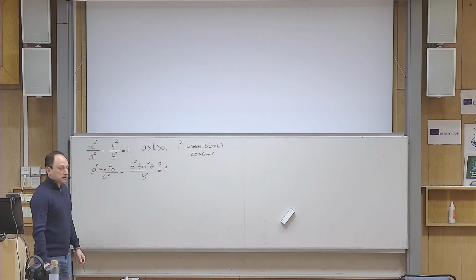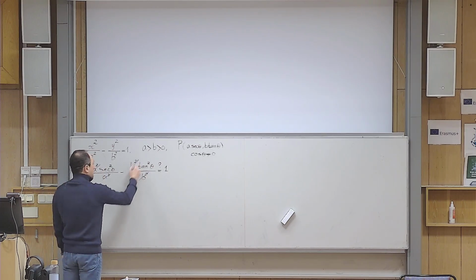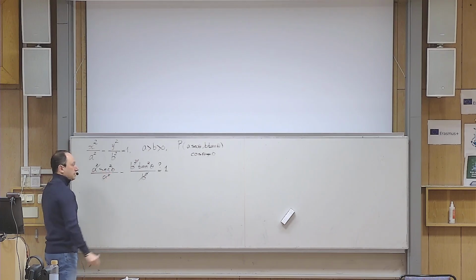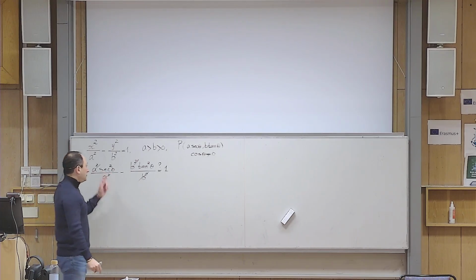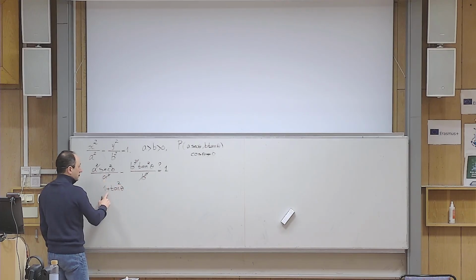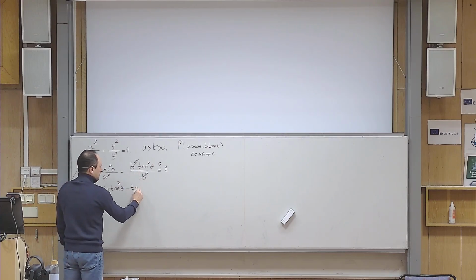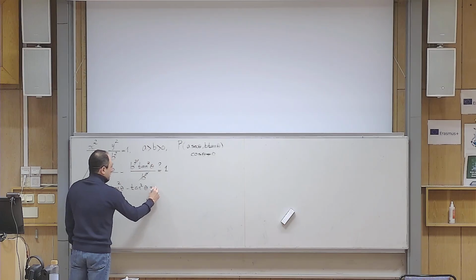Yes. Because a squared and a squared are cancelled, b squared are cancelled, and there is a famous trigonometric identity that secant squared theta is 1 plus tan squared theta. So I use that, and then I have minus tan squared, which is indeed equal to 1, because these two are cancelled.